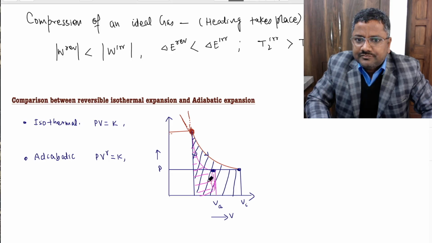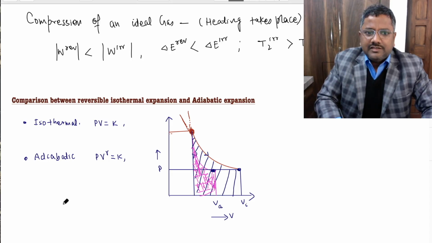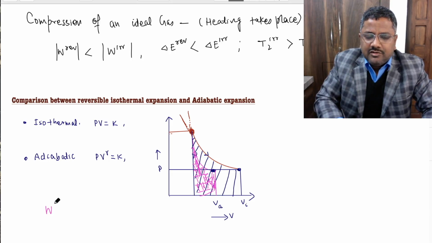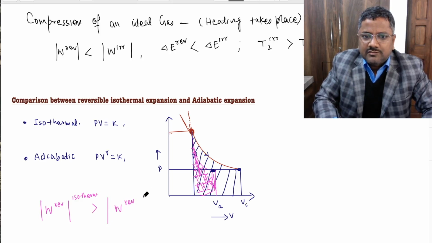So you can say from here that W reversible of isotherm is more than W reversible of adiabat.